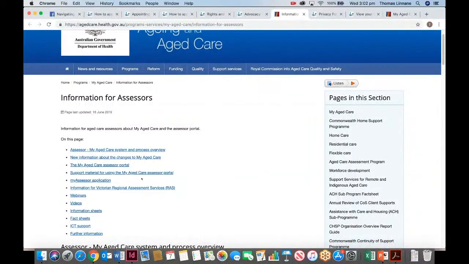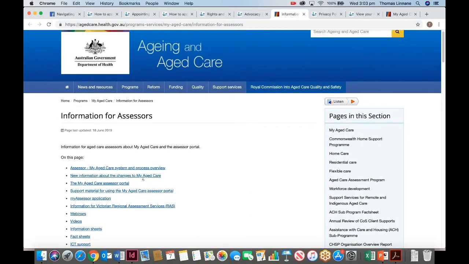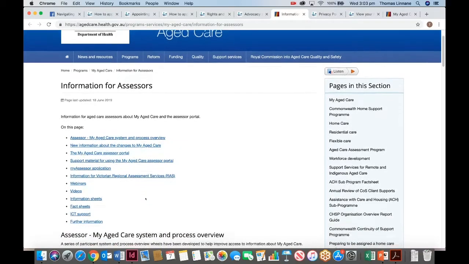But we wanted to also acknowledge the great work of the department in their website. So is it possible, Tom, to bring up the department's website? Now, Judy, you know this quite well, I'm sure, and assessors do too. This is probably the main place that the assessment workforce would go for My Aged Care information.